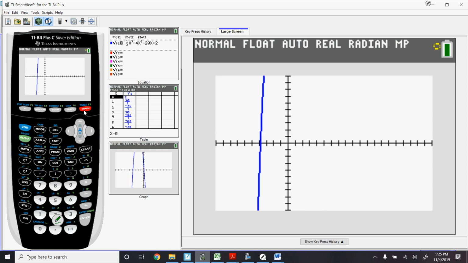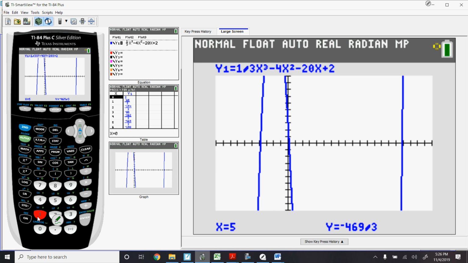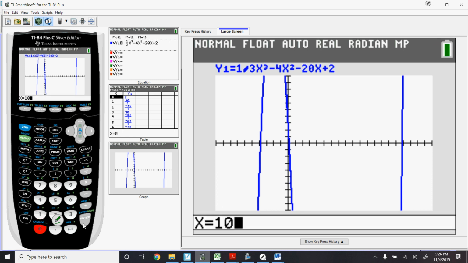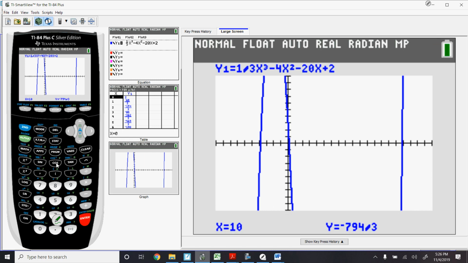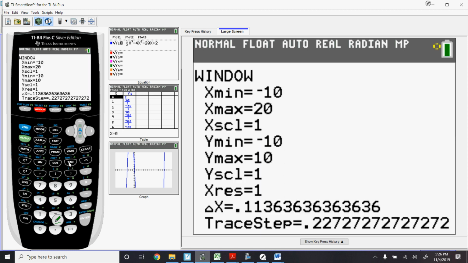And when we graph this thing, here's what we see. I'm going to space this window out. So I'm going to go negative 300 to 300.